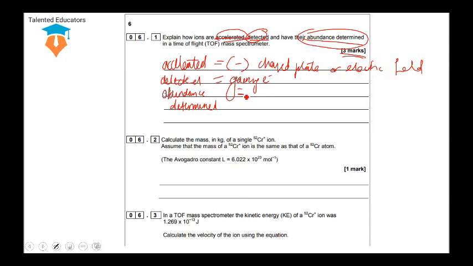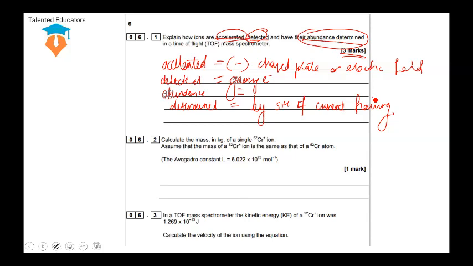So therefore, by the size of current flowing. Just remember that size of current is proportional to abundance of particles. So by the size of the current flowing is how it's determined. Obviously, because when an electron is gained by the detector, that's when the size of the current is measured, because therefore a current is produced.